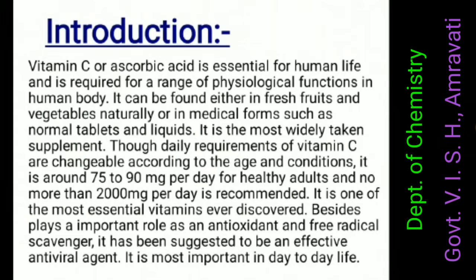It is widely taken as a supplement. The daily requirement of vitamin C is variable according to age and conditions. It is around 75 to 90 mg per day for healthy adults, and no more than 2000 mg per day is recommended.